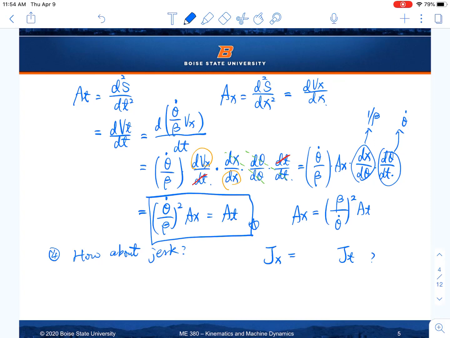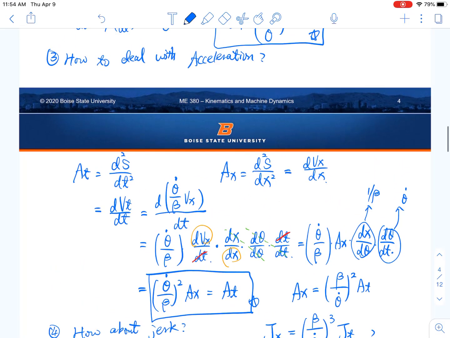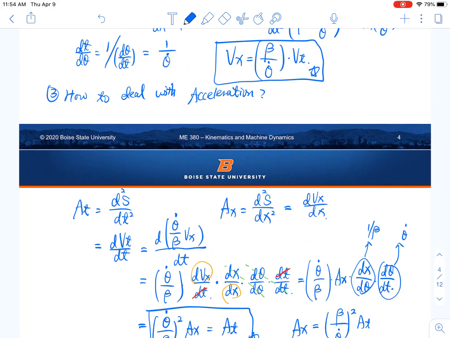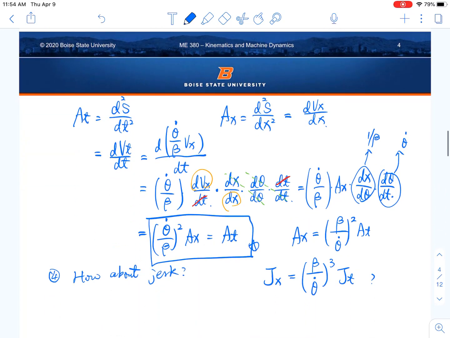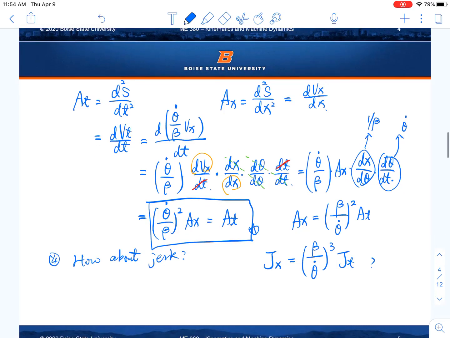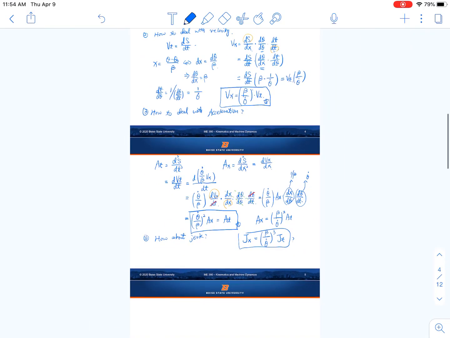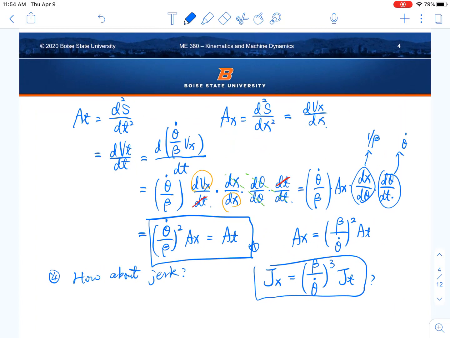I'm not going to go over these again, but you can easily make an assumption, because velocity is order of 1, acceleration order of 2, then naturally you can guess that jerk should be the order of 3. Okay, so that's something you can remember. All right, so up to this point you already know how to convert boundary conditions between t and x domain.